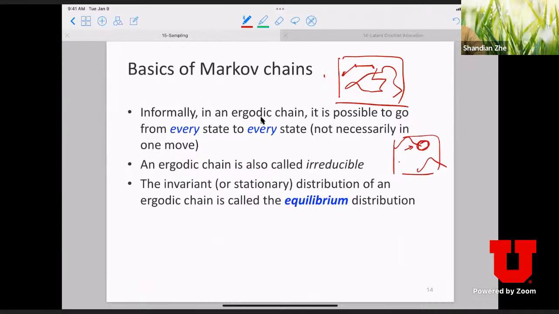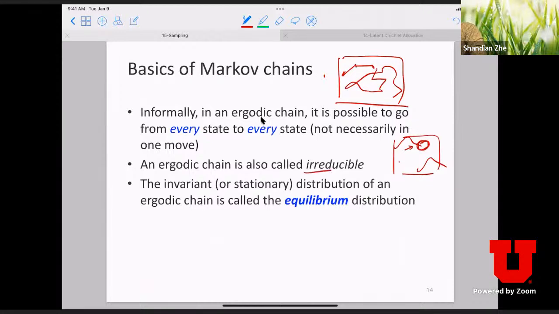If you took a Markov chain class in ECE before, you should have learned this as a rigorous definition, the jumping back probability. If the state jumps from here to another place and, no matter how many steps it takes, the total probability of jumping back is still zero, then your chain is not ergodic and is likely to converge to different stationary distributions.